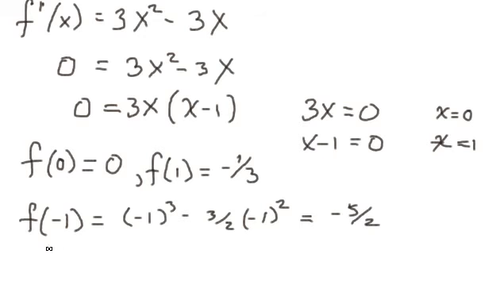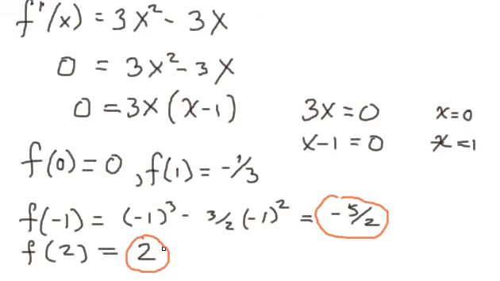Then when we plug in 2, we're going to get 2. As you can see out of these values, let me circle them, this is your smallest, -5 halves, and then your largest is going to be at 2.